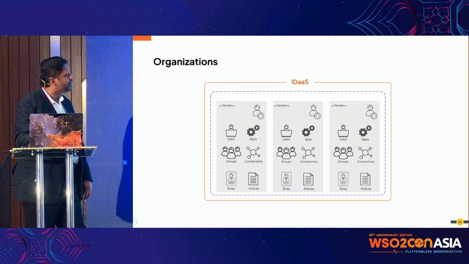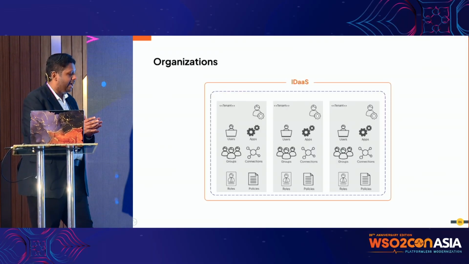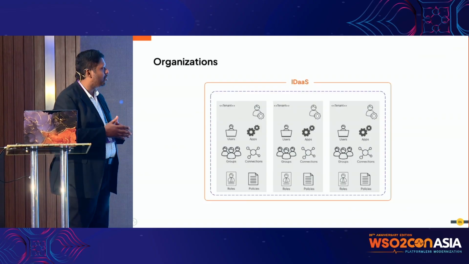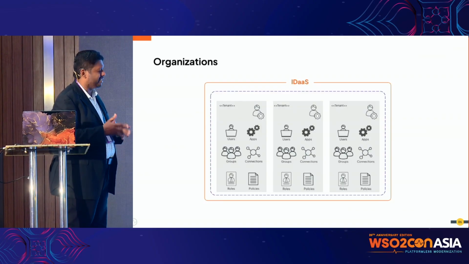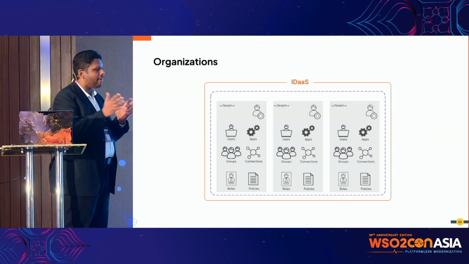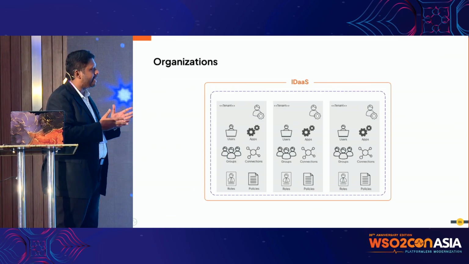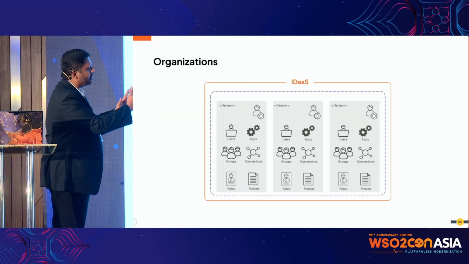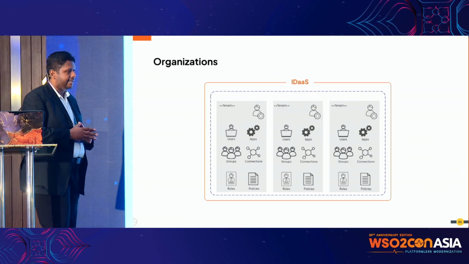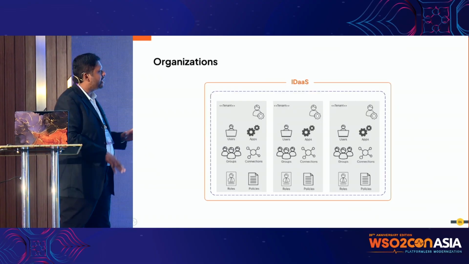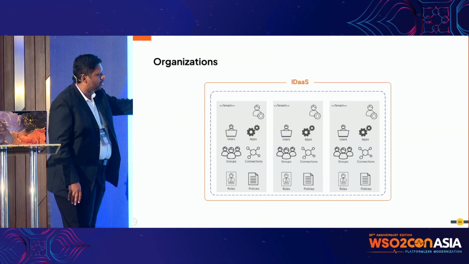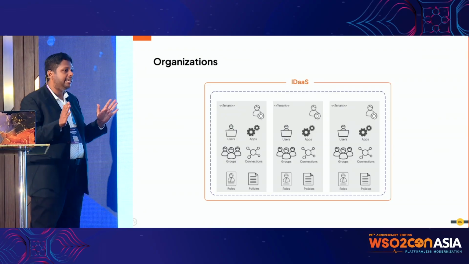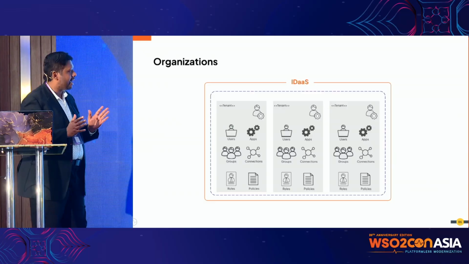So with B2B, within our identity broker, or within any SaaS identity broker, which we call IDaaS, you can create multiple organizations, right? We call them organizations or tenants. So each company will go and register as a tenant or organization. And each company will have its own users, applications, policies, groups, etc. So these are completely isolated tenants or organizations.